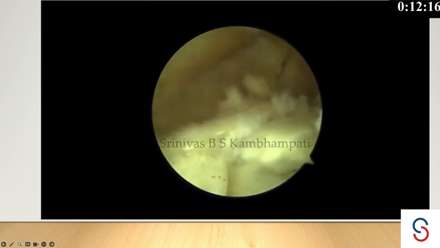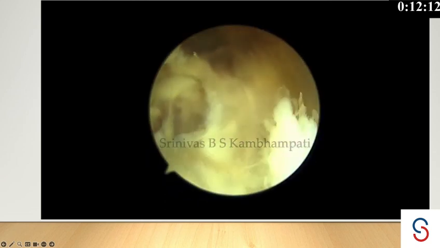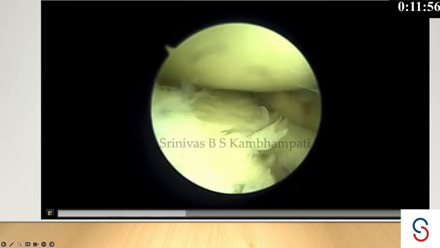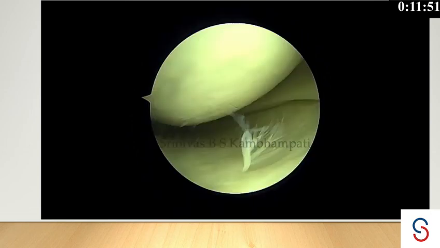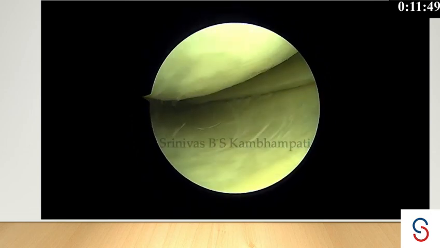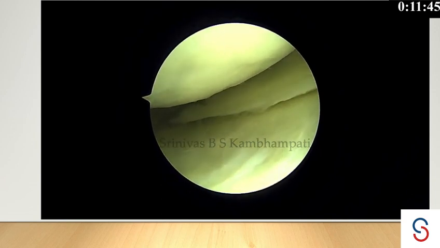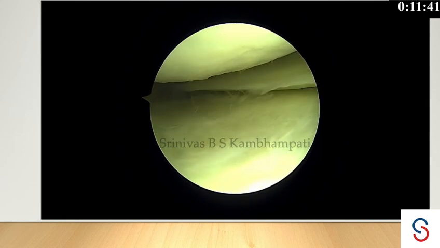This is the posteromedial portal view, showing the ramp lesion and the bony injury. And visualizing posteriorly, part of the meniscus, we can see there's a complete tear and missing meniscus medially.